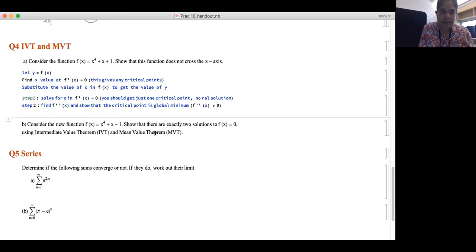Okay, part B, consider the new function. Show that there are exactly two solutions to f(x) equals 0 using the intermediate value theorem and mean value theorem. How would you do that?